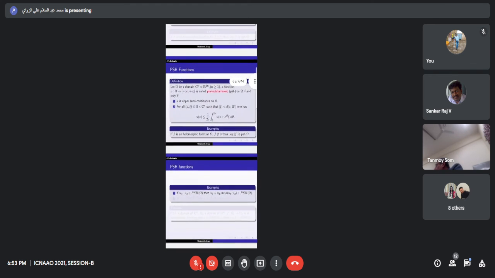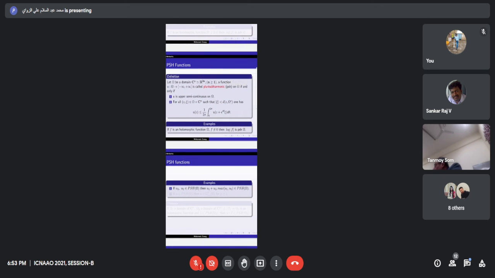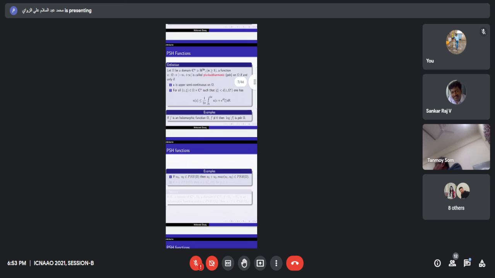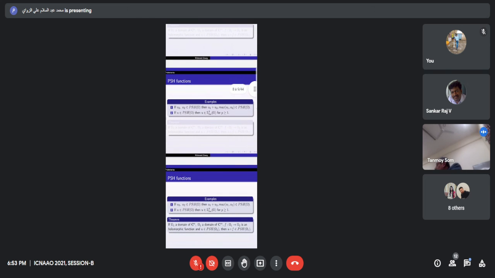As an example, if f is a holomorphic function, then log|f| is a plurisubharmonic function. Also, for two plurisubharmonic functions u1, u2, the sum u1 + u2 and the maximum are plurisubharmonic.